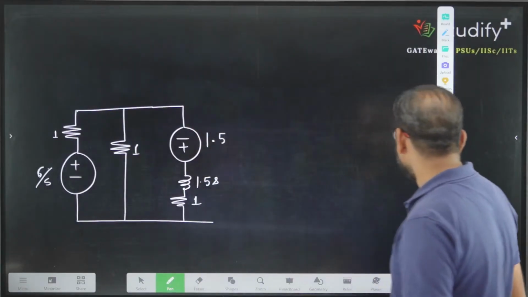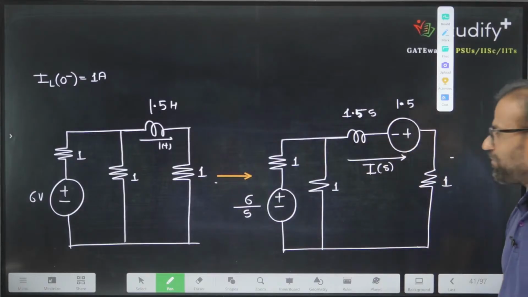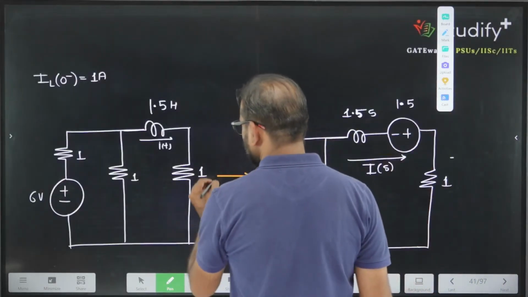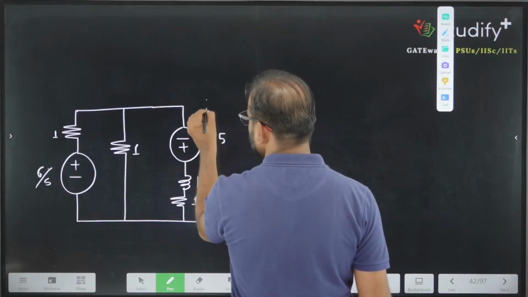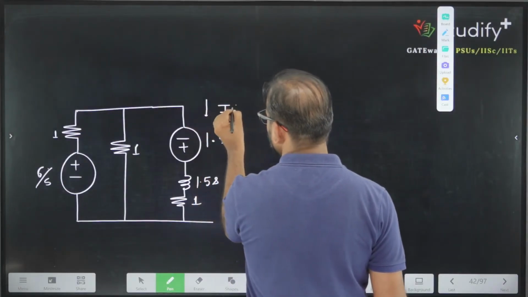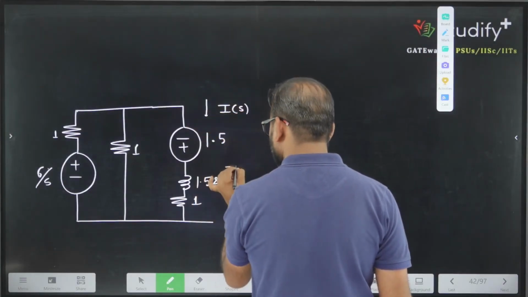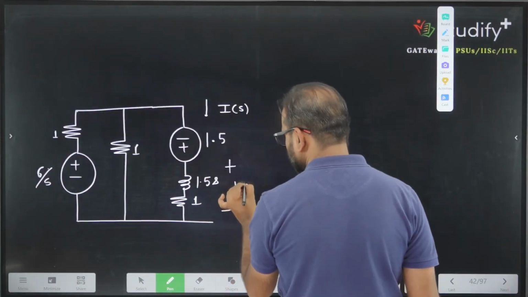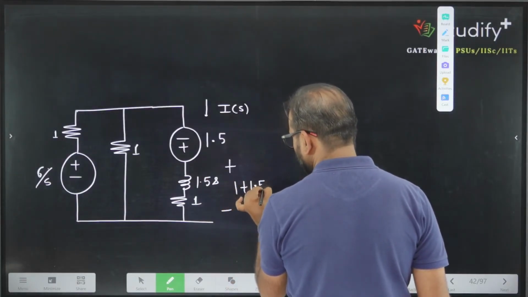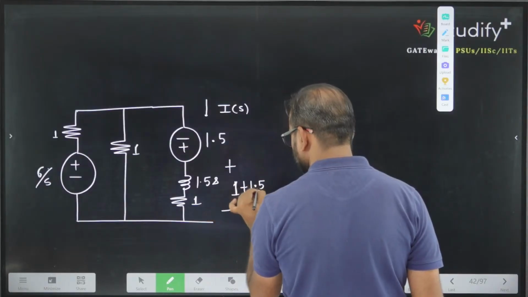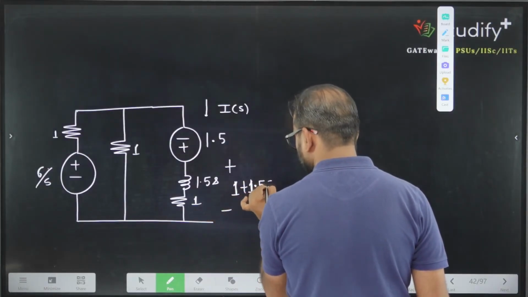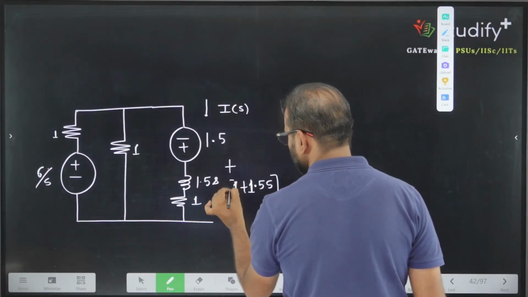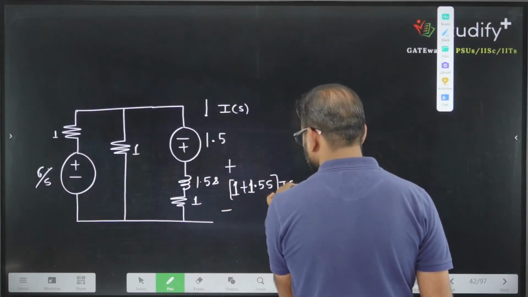The current in this whole branch will be the same. So if this current is, let's say, I of s, what is the potential across this point? 1 plus 1.5 s into I of s.